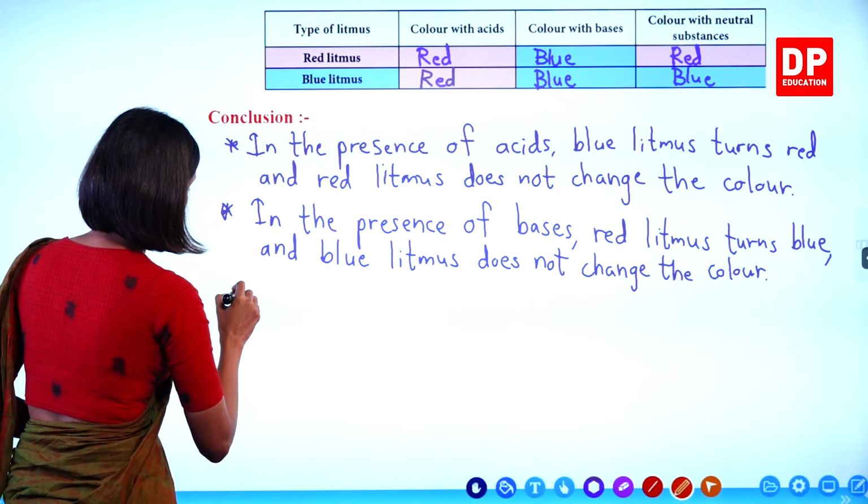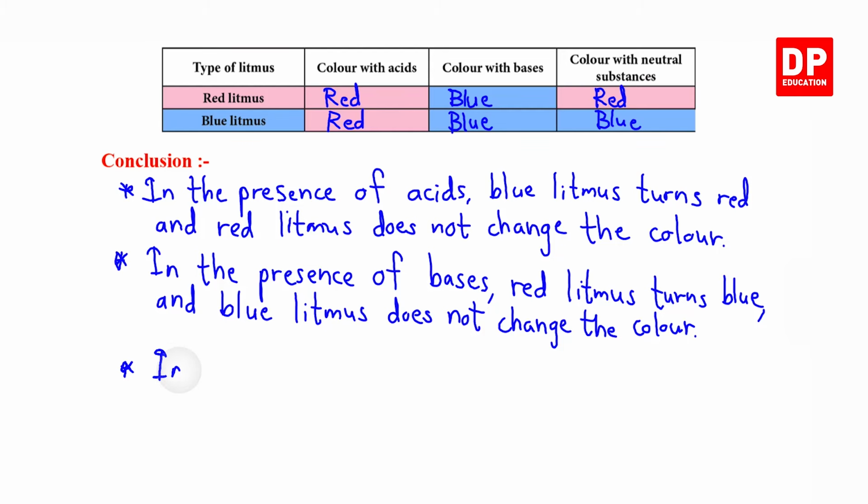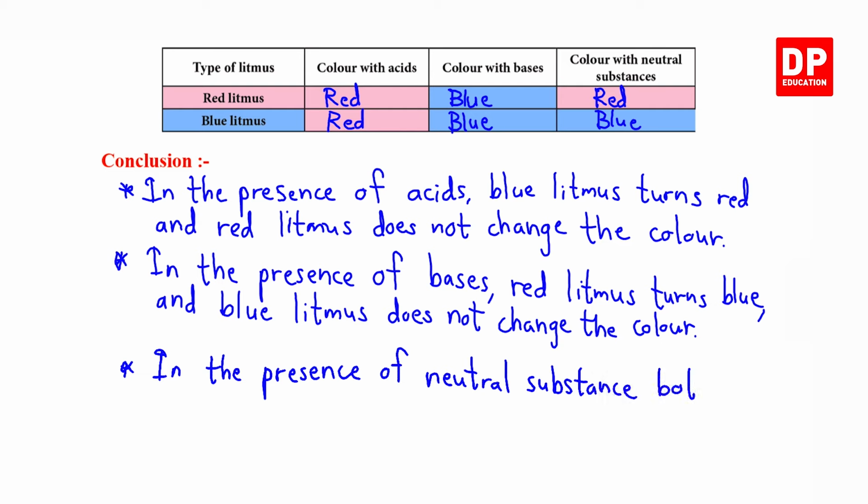The next one, in the presence of neutral substances, both red and blue litmus do not change color.